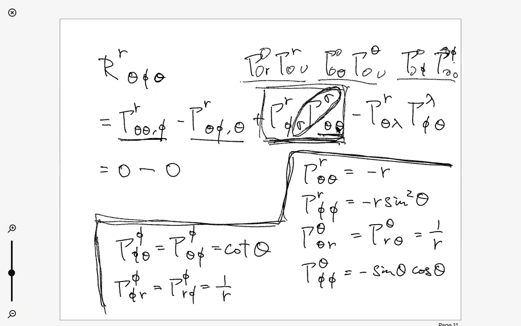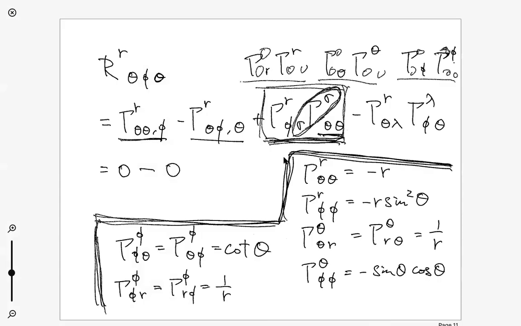What is the only possible thing up here, down here, that this does not become zero? Do you understand what I mean here?